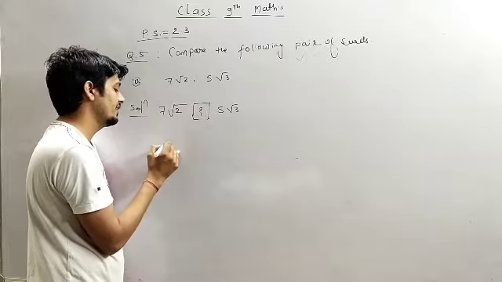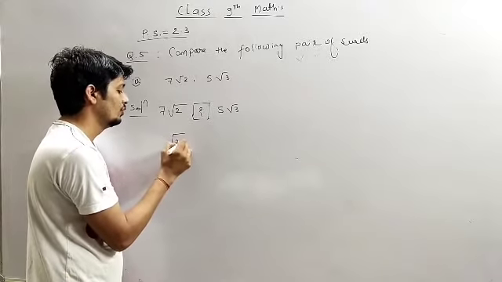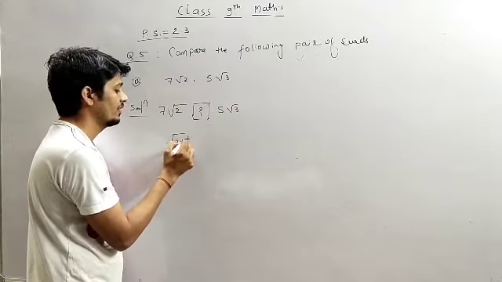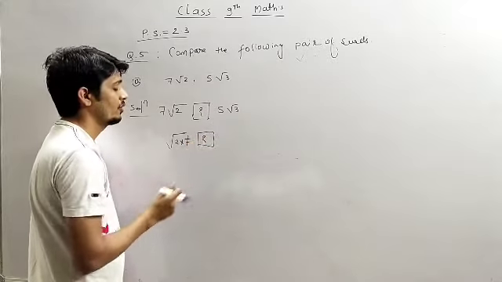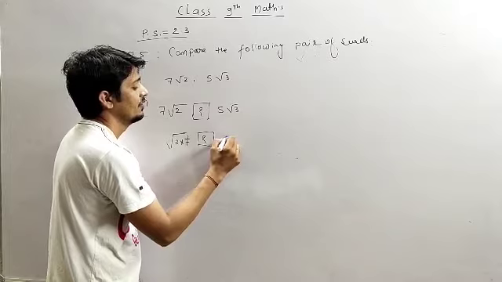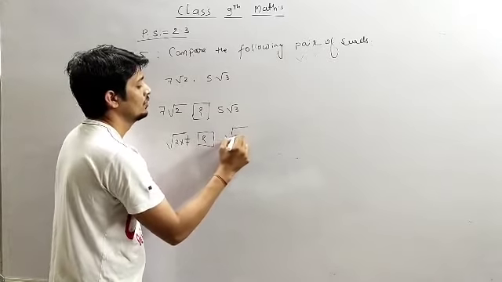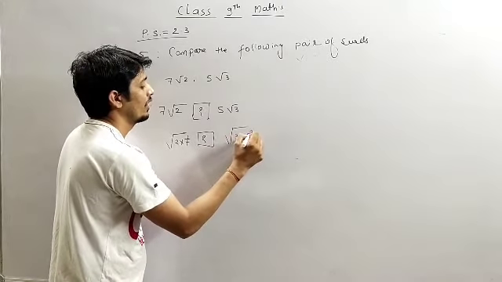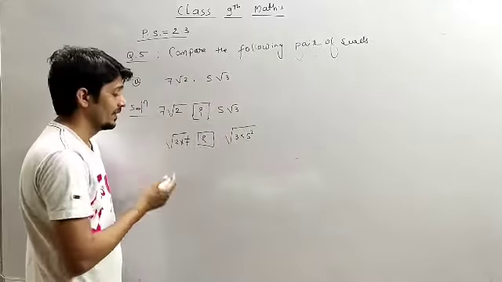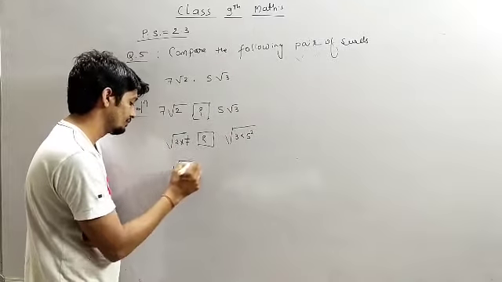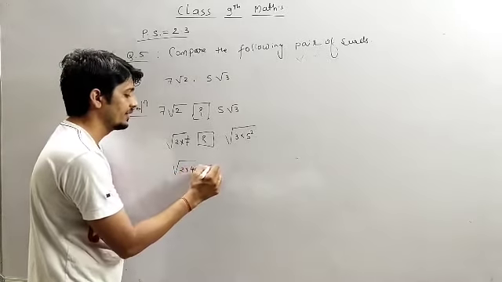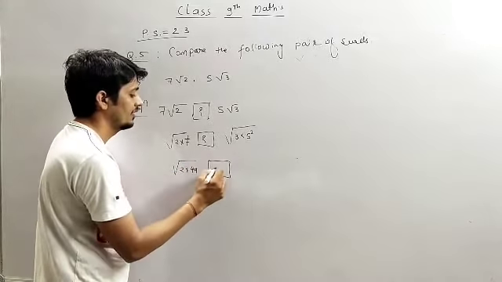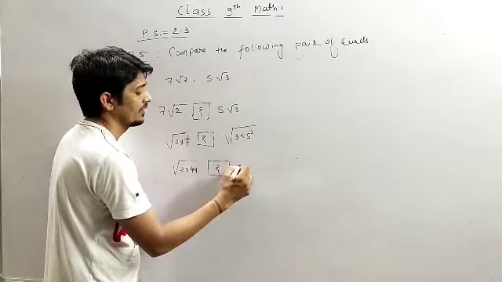So we can write it as root of 2 into 7 square. Again in the box we have a question mark. And here we write root of 3 into square of 5. Okay. So 2 into square of 7 is 49, again question mark here.